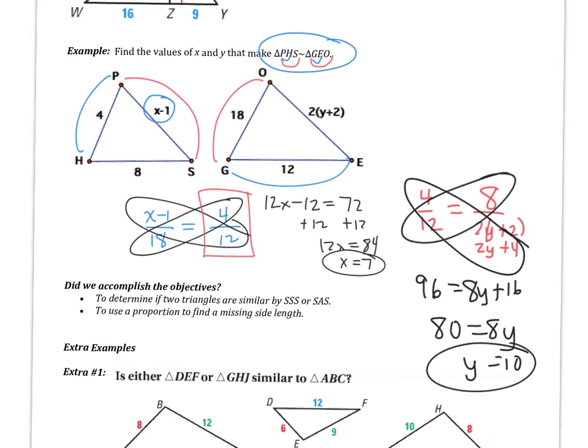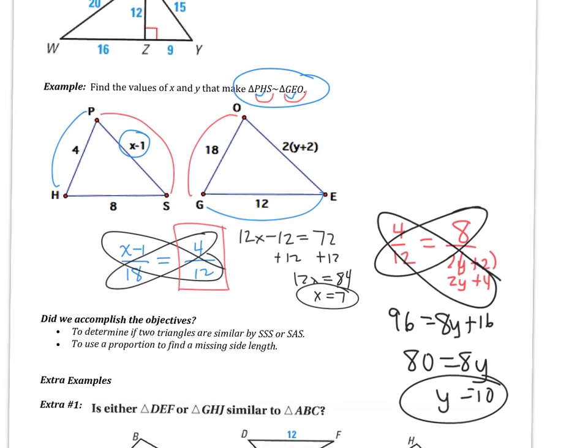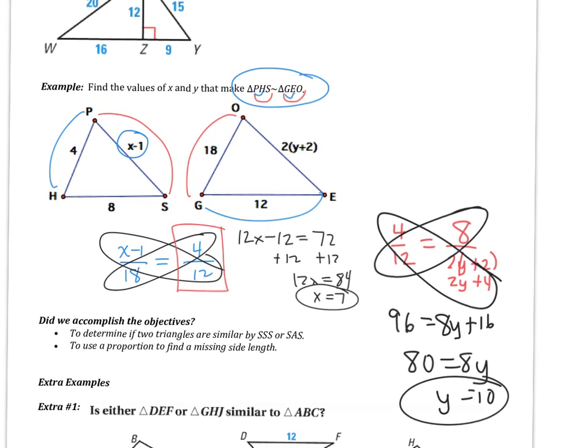All right, just one last question. What's the scale factor between the two triangles? Just curious. See if we know. 1 to 3, I heard. Do you agree that 4/12 is the same thing as 1 to 3?